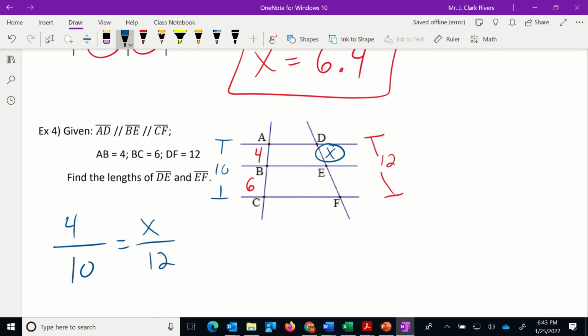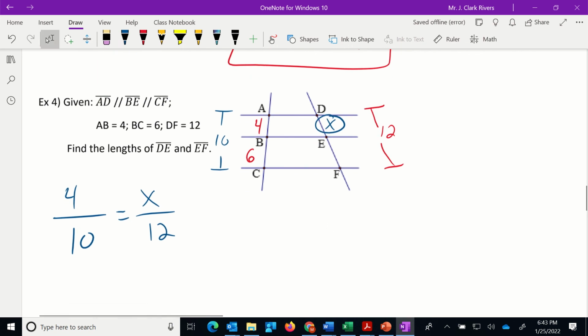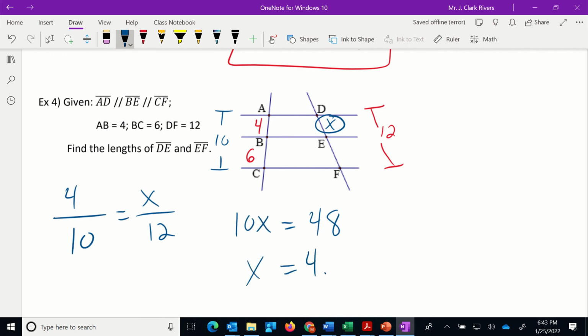Now we cross multiply and solve, and we get 10x equals 48. We divide both sides by 10, and we get x equals 4.8. So let's write that in there, 4.8.